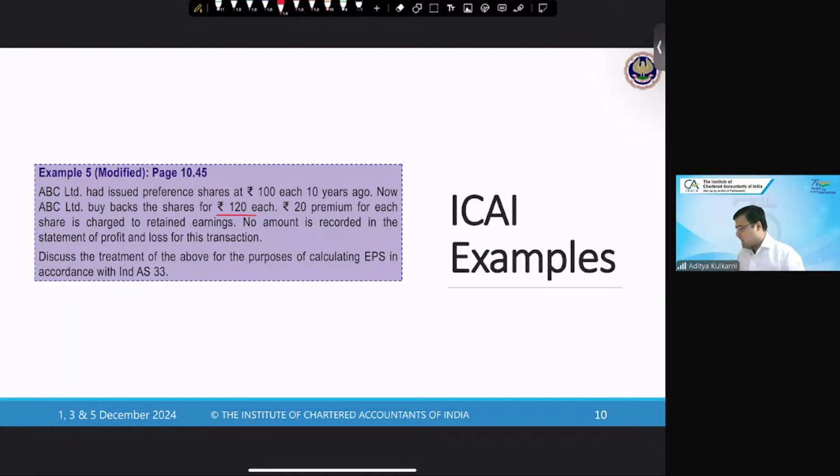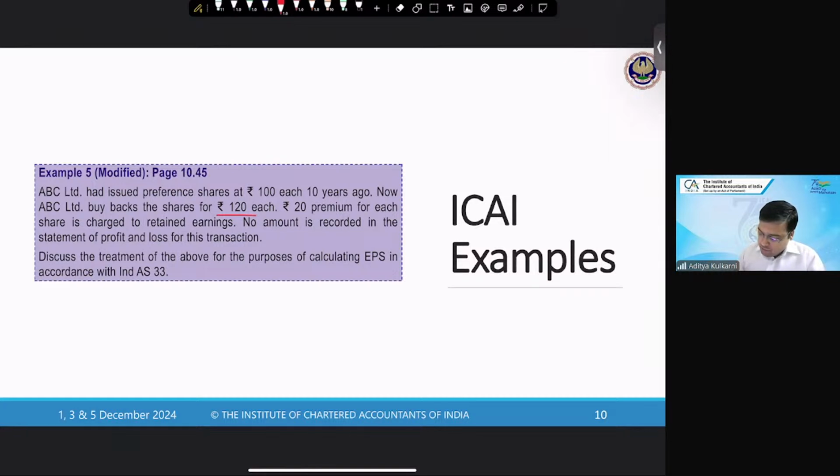No amount is recorded in the P&L for this transaction. What are you going to do for this excess 20? This excess 20 we will deduct when calculating net profit attributable to equity shareholders. Yes, that's right. Reduce from the net profit.